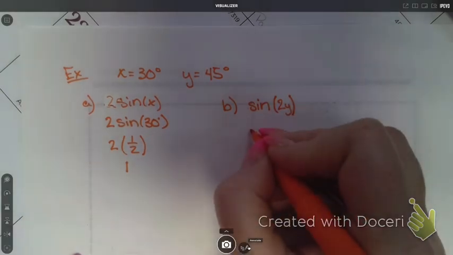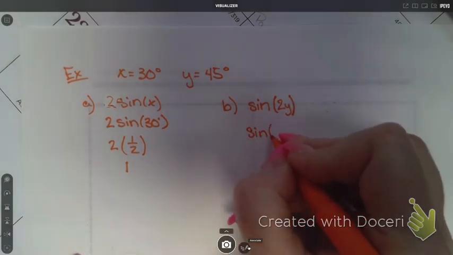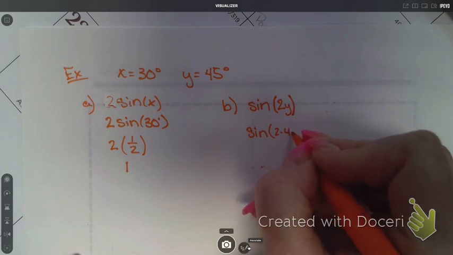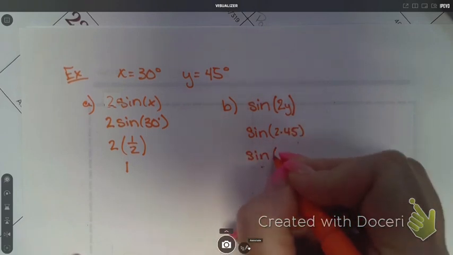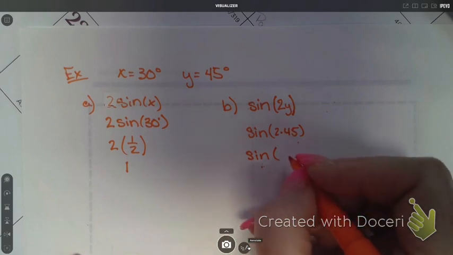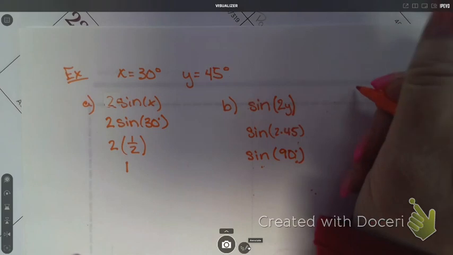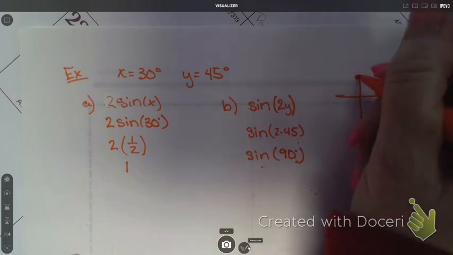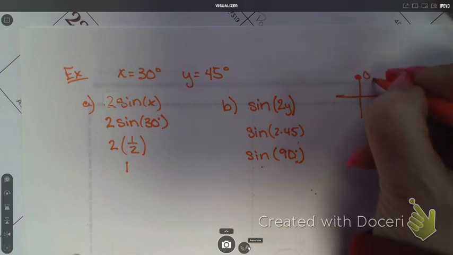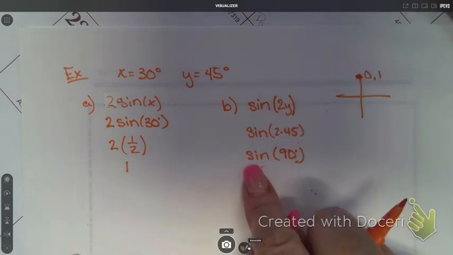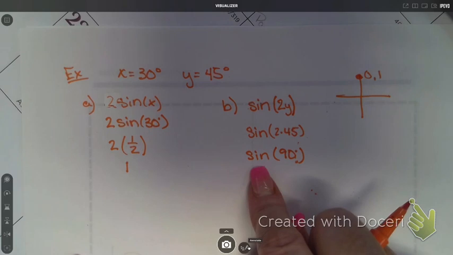I have sine of 2 times 45, which is sine of 90. Okay, so 90 is up here. What's that coordinate up there? 0, 1. And sine is y. So what's the y?